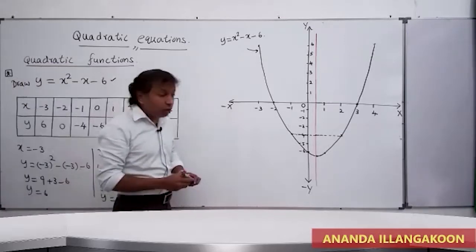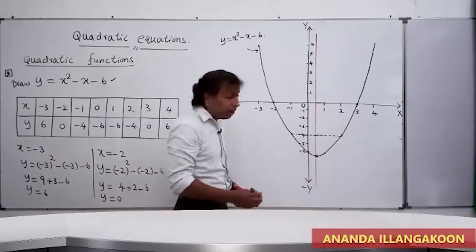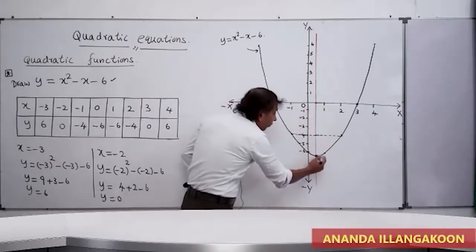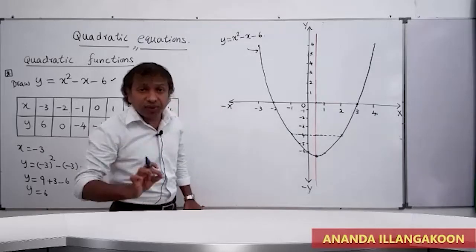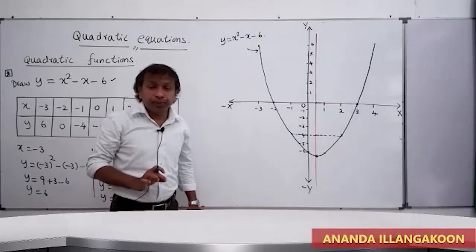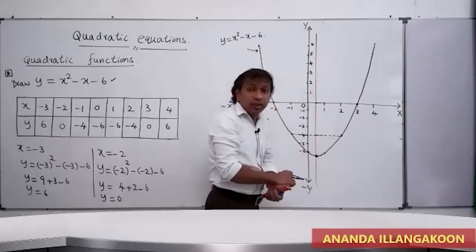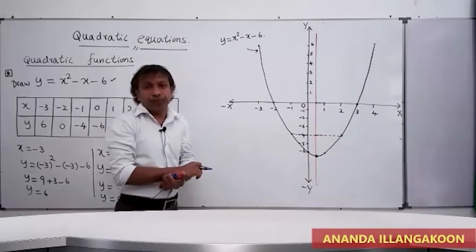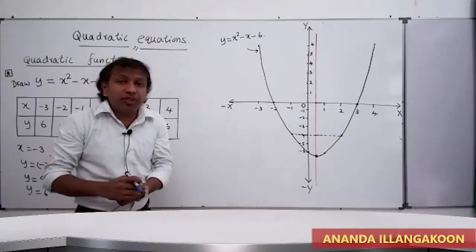That minimum y value occurs at this vertex. From here to here, this depth, it is -6 point something. We'll calculate that exactly later. This is the minimum y value this graph can take.